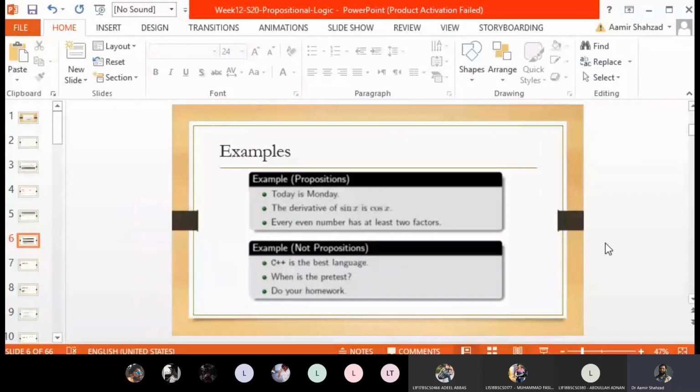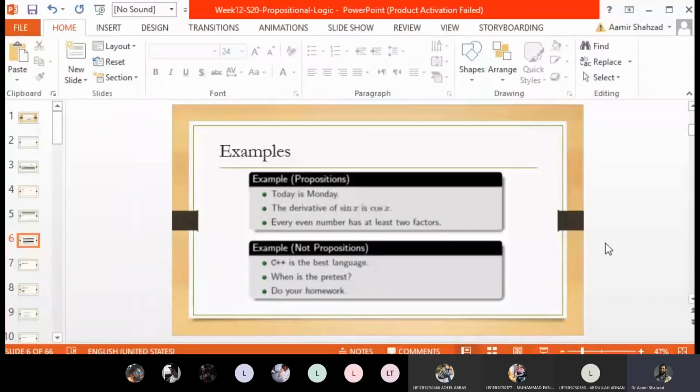So C++ could be the best language for some applications in certain scenarios. लेकिन किसी और सिनेरियो में हो सकता है जावा इज द बेस्ट लैंग्वेज और पाइथन could be the best language or some other language could be the best language. So this statement is just like a personal opinion of someone that C++ is the best language. It's not a universal fact. So this is not a proposition.